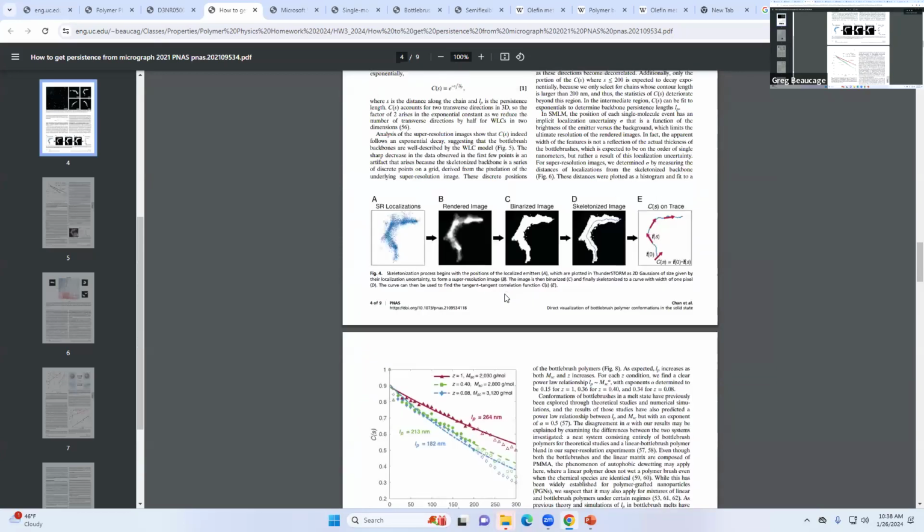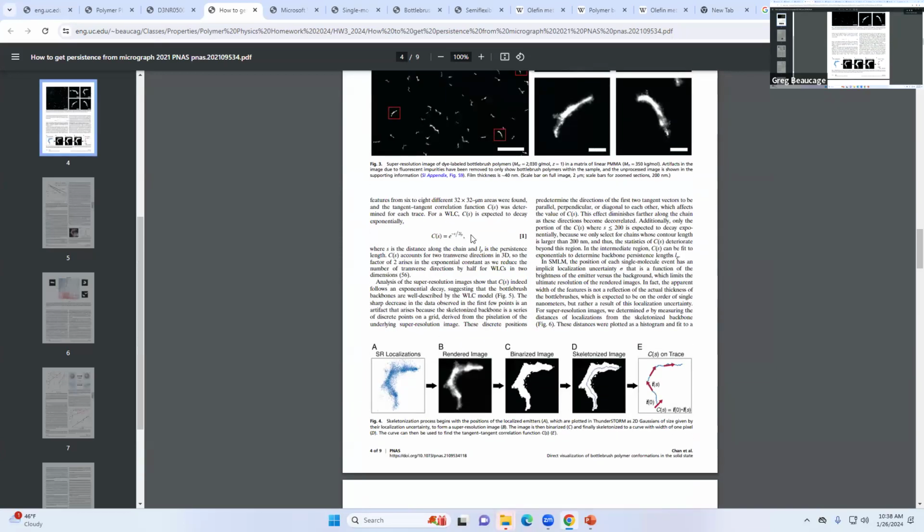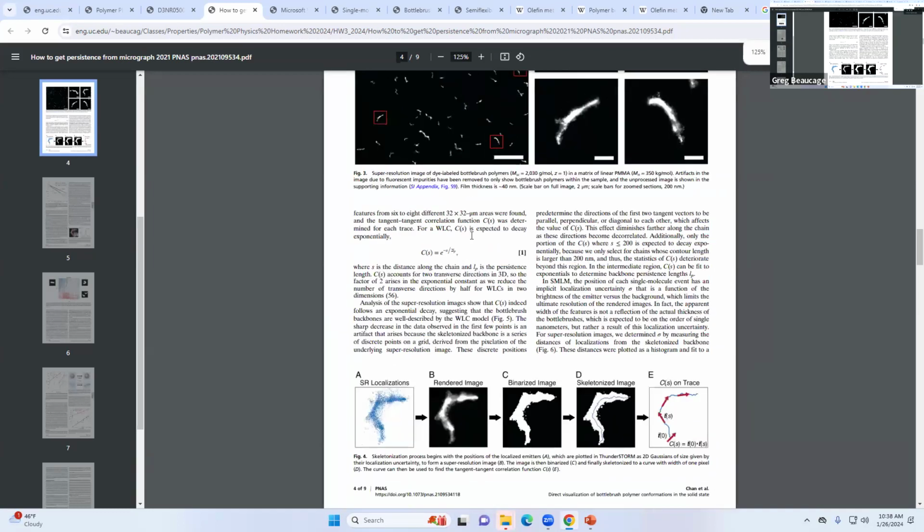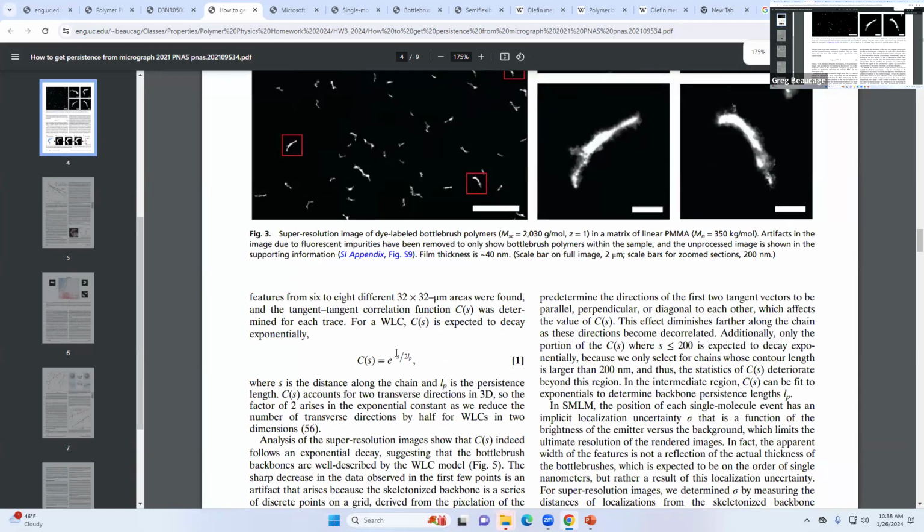But anyway, he gets that fit, and he gets the persistence length from that. So where's the equation he's using? Here, this is the equation. Okay, so it's not the same equation. The equation is not LP.